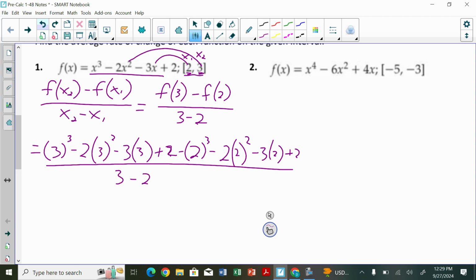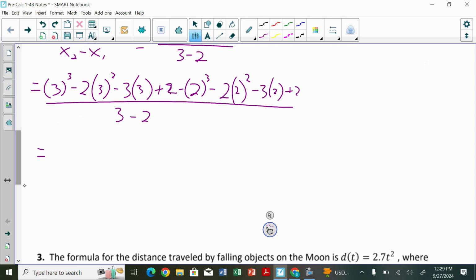We could evaluate that mess, and I'll save you some of the work. The first part of this, I did the work for you, comes out to 2, because you've got 27 minus 18 minus 9 plus 2. So all that came out to 2. And over here, I also did the math for you.